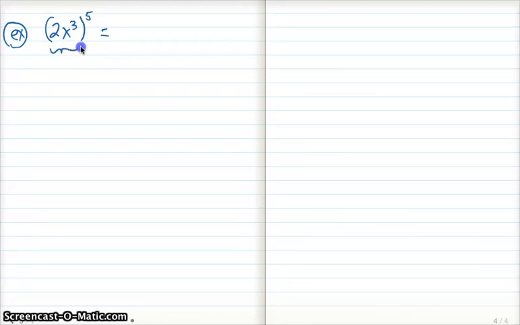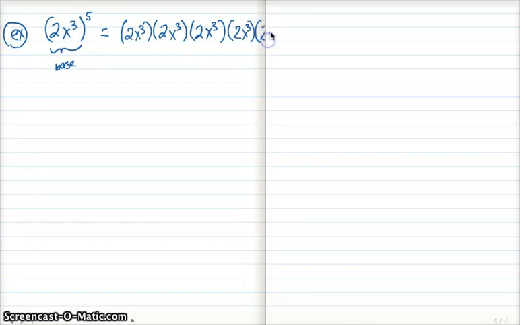Basically, I'm using this entire monomial as my base, and I'm multiplying it by itself 5 times. So I'm taking 2x cubed times 2x cubed times 2x cubed, 1, 2, 3, 4, times 2x cubed.